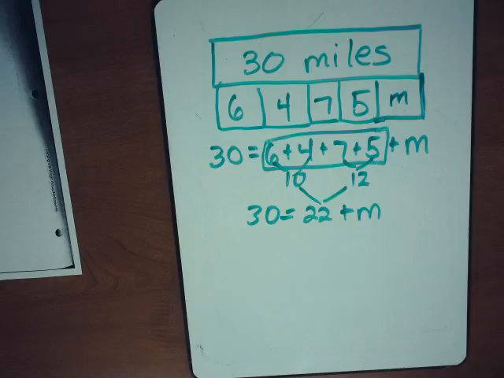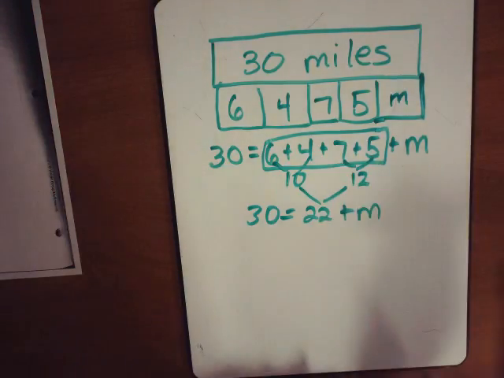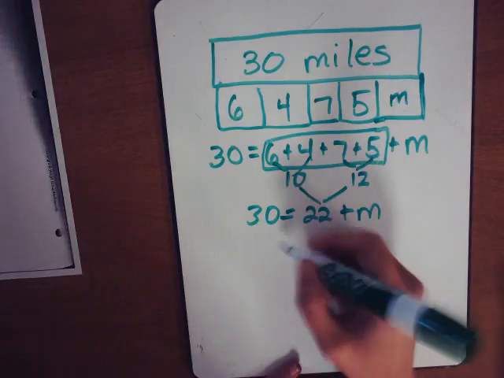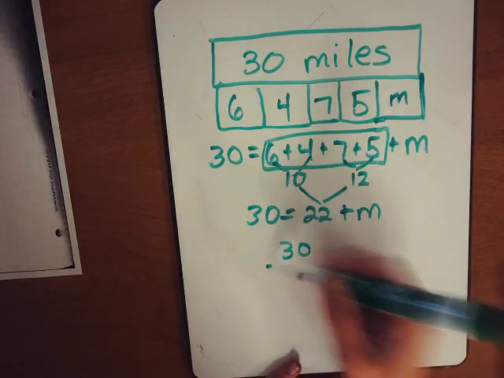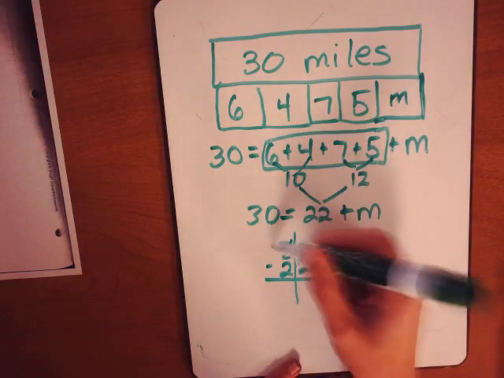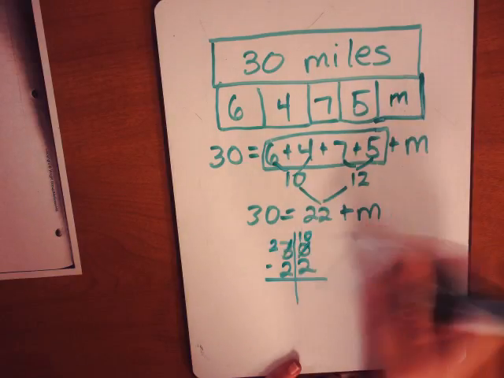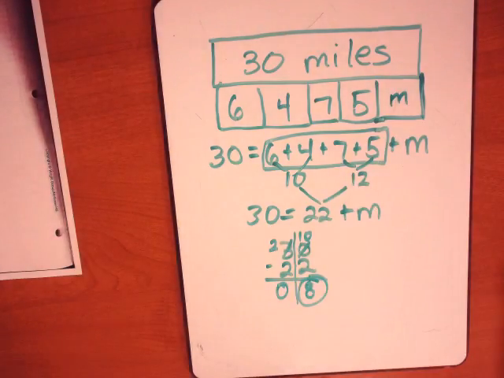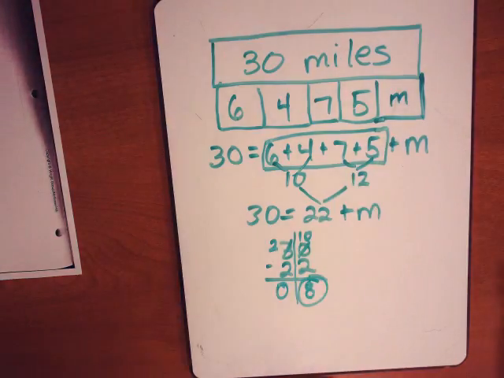Walking around, it looks like lots of you have done a nice job. So I saw some of you use addition, but most of you ended up using subtraction. The last thing you need to do, go ahead and raise the roof if you knew M was 8.